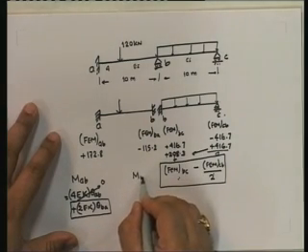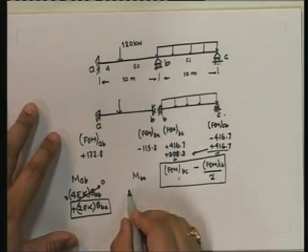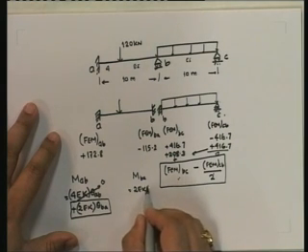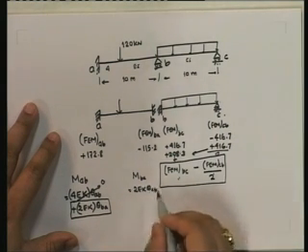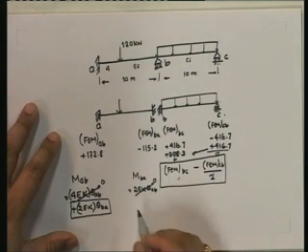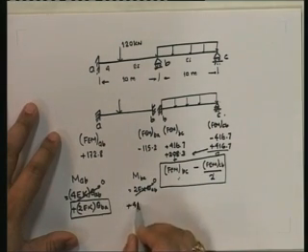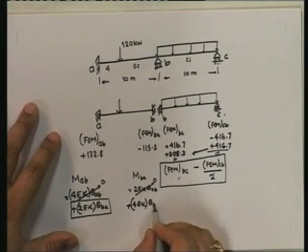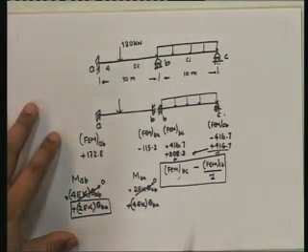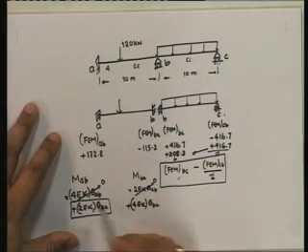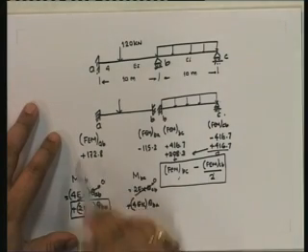MBA has the corresponding expression, plus its fixed end moment, and that exists. These are the moment deformation relationships for AB.